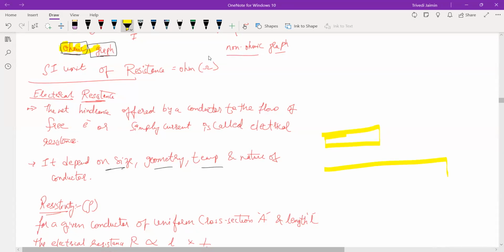Size, length, area, all that. Temperature, what type of material we are using, all this. It depends upon all this.